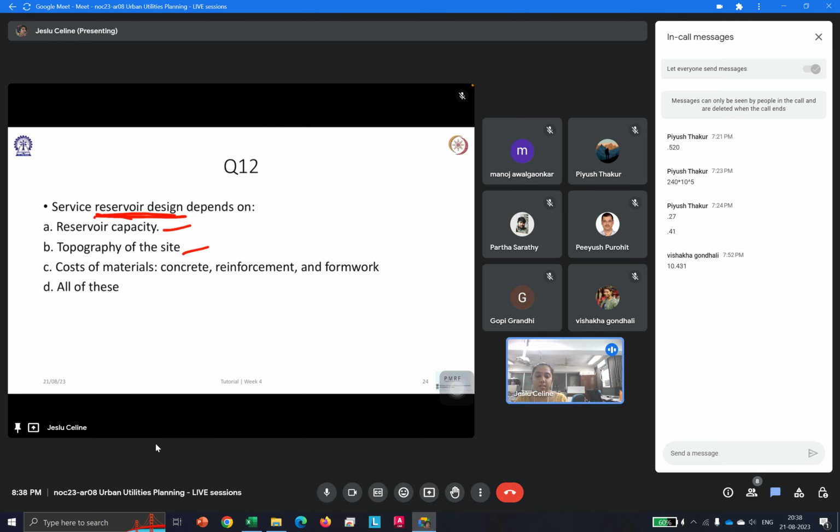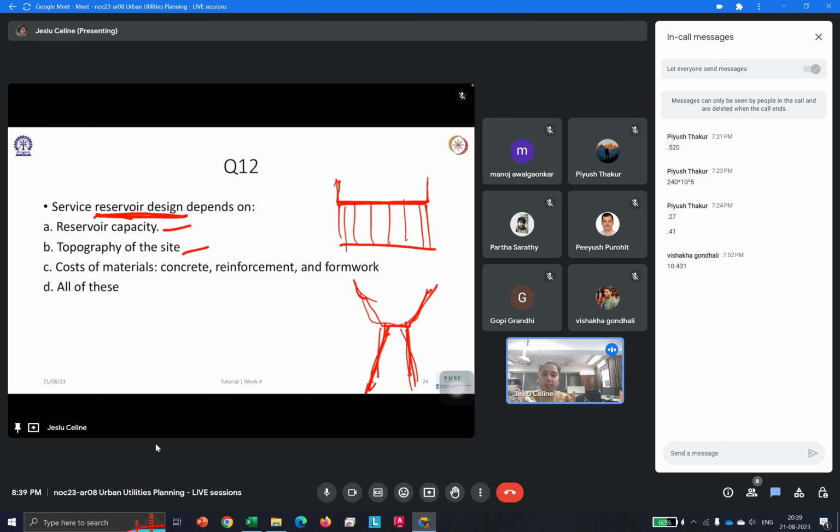We've discussed in our lecture that in the early days we used to have a rectangular reservoir, which was not an efficient method. Now we design the reservoir in a much more capable way.